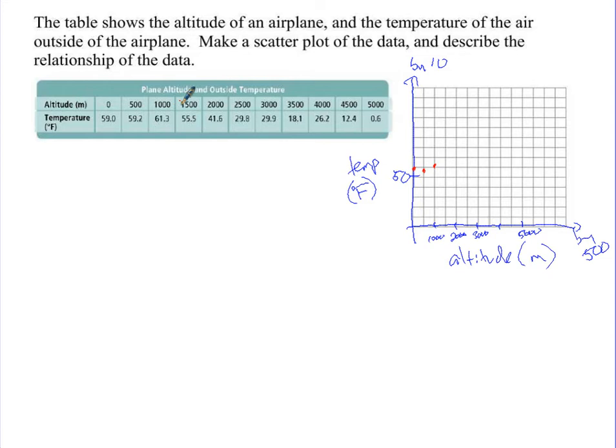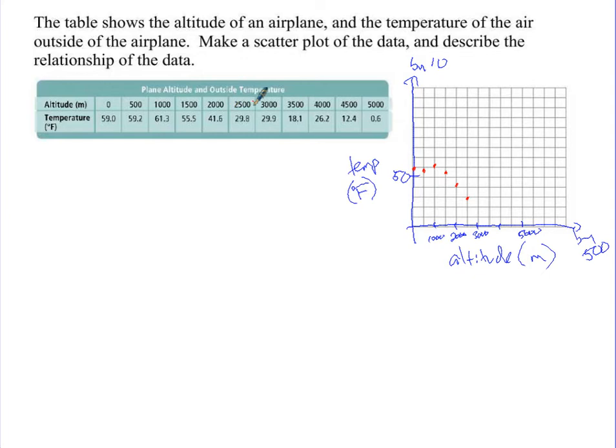Do the best you can with these dots. 1,500, 55.5. With our scale, we're pretty much only going to be able to graph like the 55. Don't worry about the 0.5. 41.6 for 2,000. Okay, the next one. 10, 20, 29.